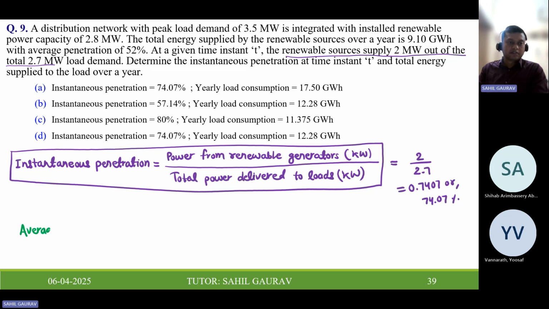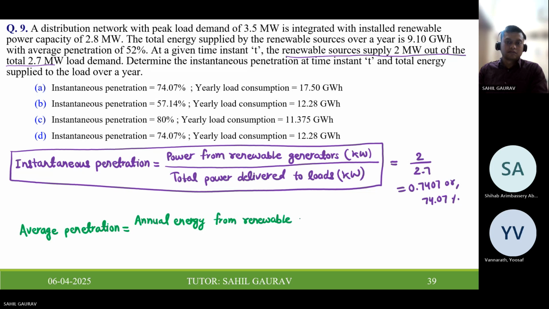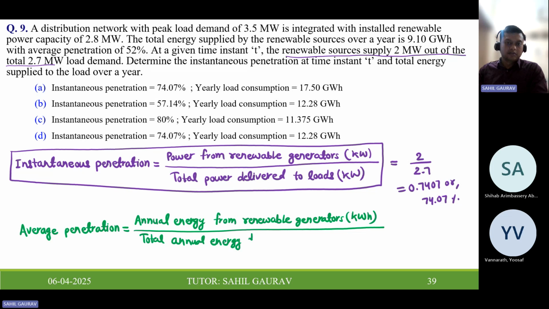So average penetration is annual energy from renewable generators upon total energy, that is yearly load consumption only, total annual energy delivered to loads.